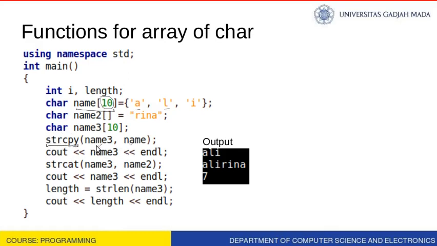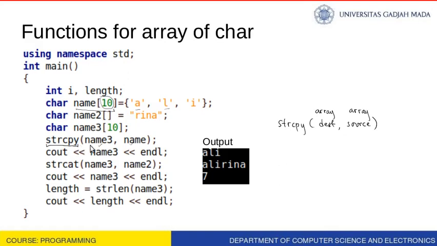The first parameter is the destination, and the second parameter is the source. Of course both should be arrays of char.